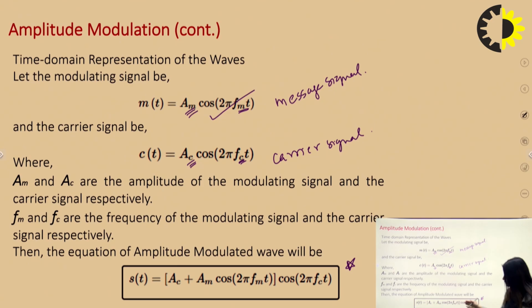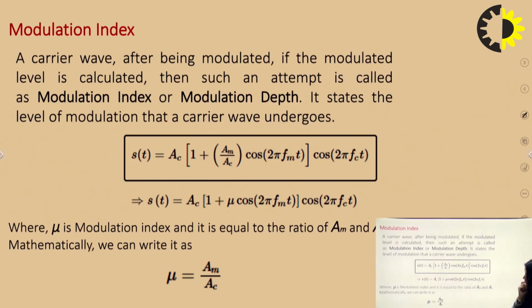We should always remember this particular equation. If I take AC outside from the equation, then my amplitude modulated wave equation becomes AC (1 plus AM by AC cos 2 pi FMT) cos 2 pi FCT. Now this AM by AC is known as modulation index mu, or modulation depth.